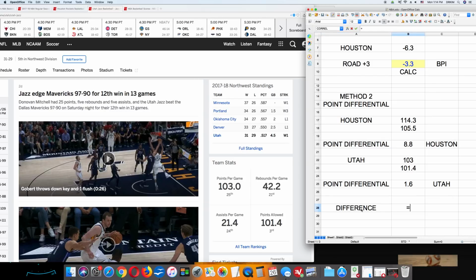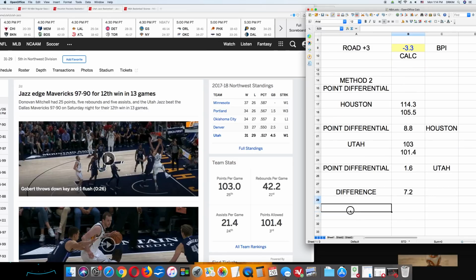It's going to be Houston's 8.8 minus 1.6. That gives you 7.2. Houston is the favorite, so they're going to be minus 7.2. Houston's the road team, and you add 3.